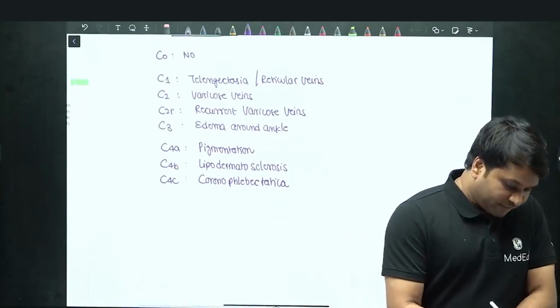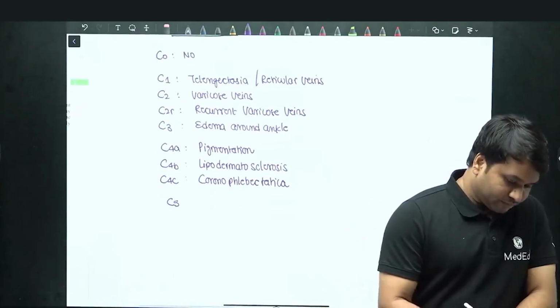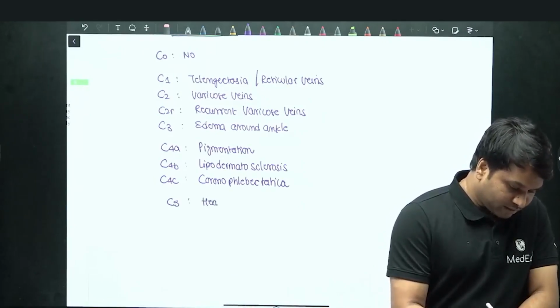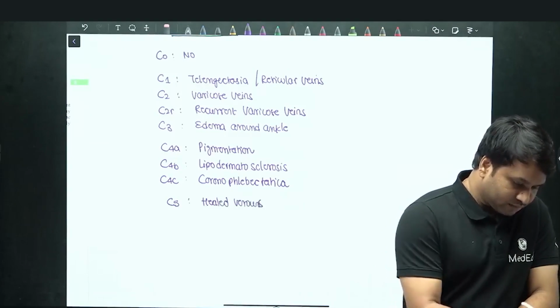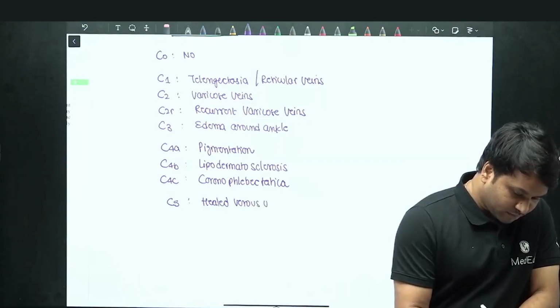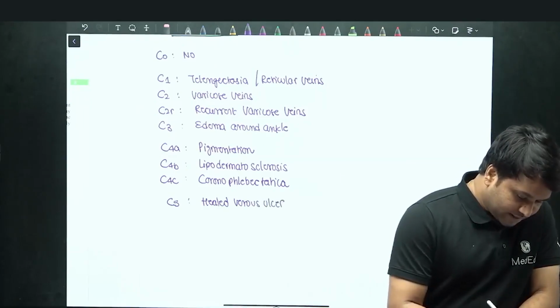Now, C5 is your healed venous ulcer. C6 is your active venous ulcer.